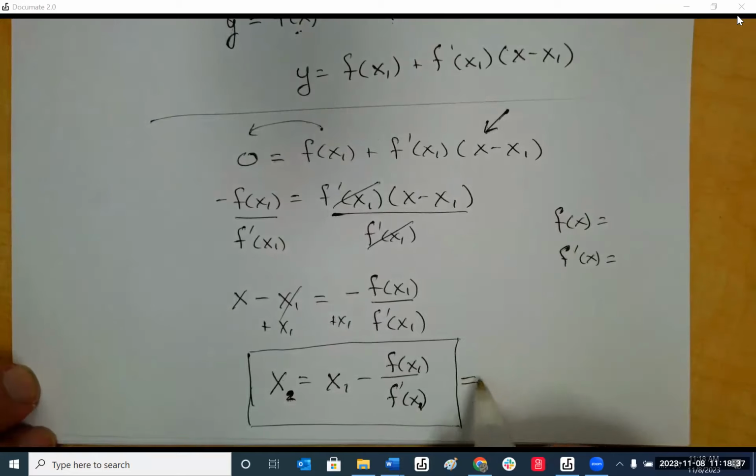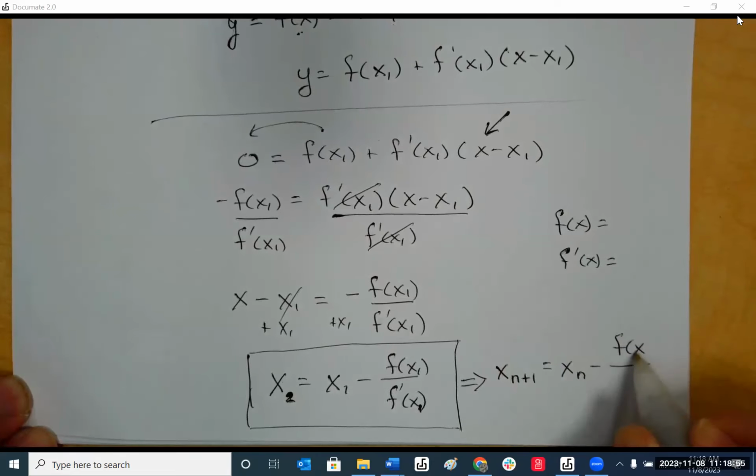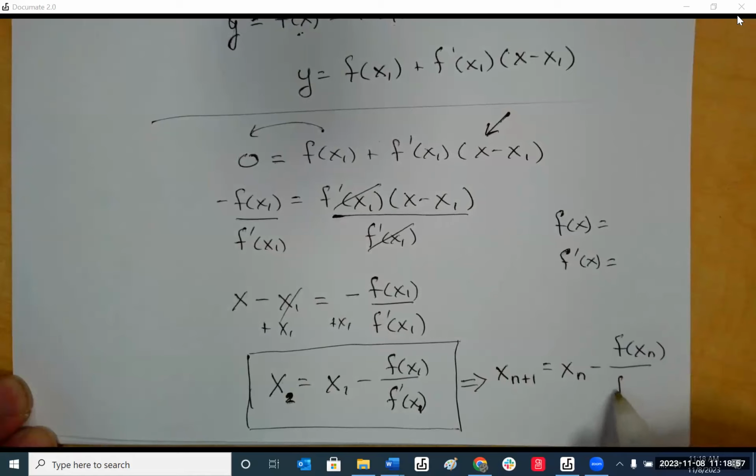So the general form of this equation, of all of these equations actually, is x n plus 1 equals x n minus f of x sub n over f prime of x sub n.